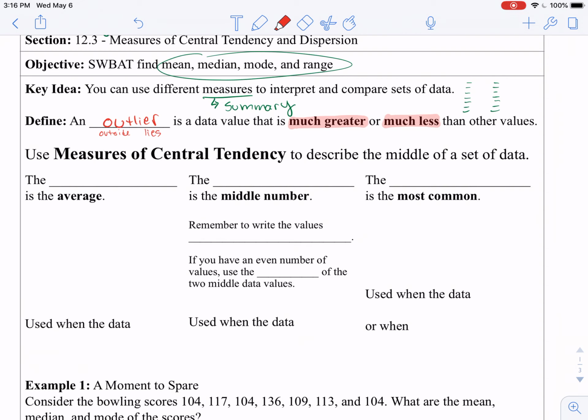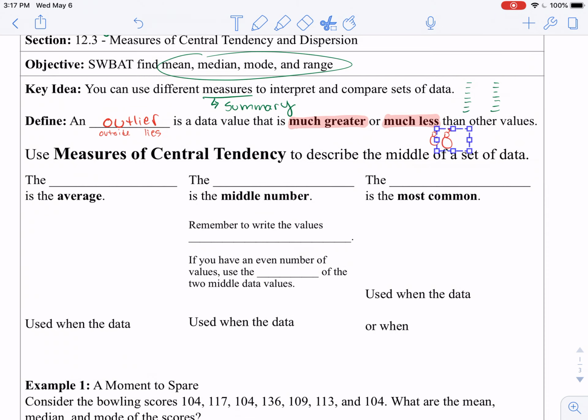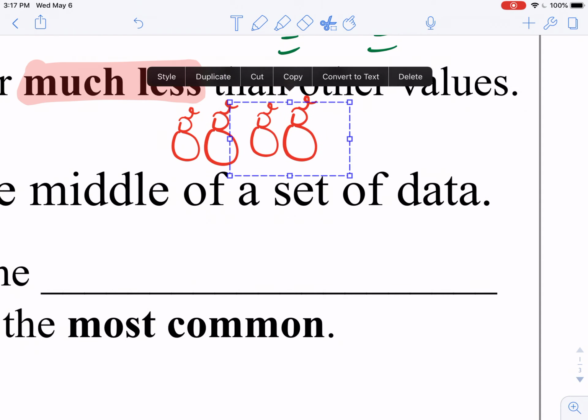For example, a good example of an outlier would be if I am babysitting in the nursery and there's a whole bunch of little babies in the nursery, right? Just a whole bunch of them. And I was taking the height of everyone in the nursery. So you have a big baby, and then you have kind of a medium baby, and then you have some little small guys.